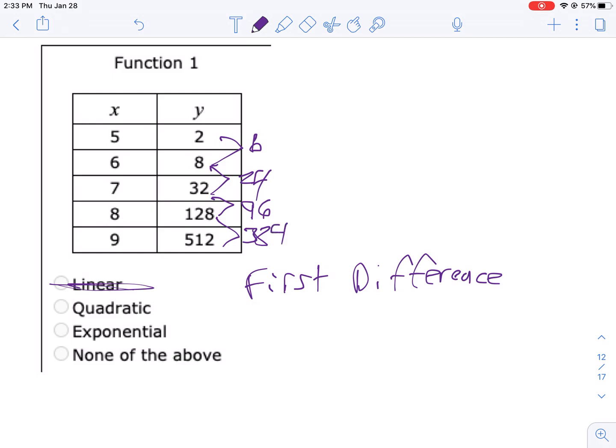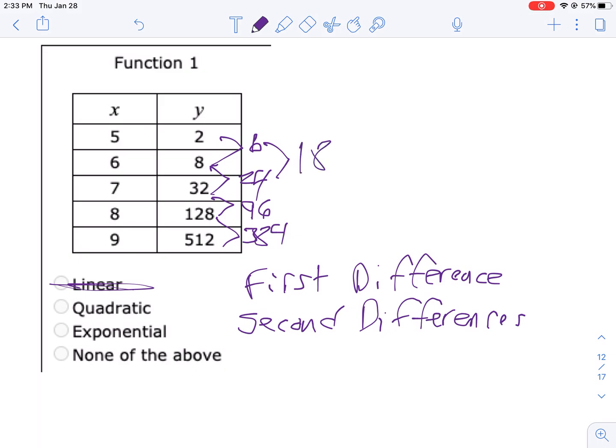I did that not because I was thinking it was linear, but if the second differences are the same, then it's quadratic. So, from 6 to 24, you're going up by 18. Are you going up by 18 from 24 to 96? No, that's not 18. So it's not quadratic.